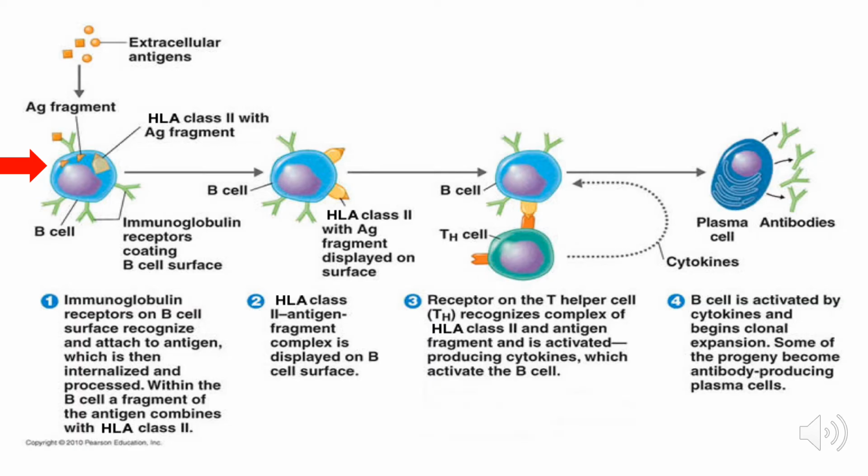I want you to take a look at the B cell pointed by the red arrow in the photo. Appreciate that one of its surface immunoglobulins has captured a specific antigen. Do you know what will happen? After the binding of the antigen to the surface antibody, the antigen will be internalized by the B cell as shown in the picture. After the internalization of the antigen, the B cell will present the antigen using class 2.